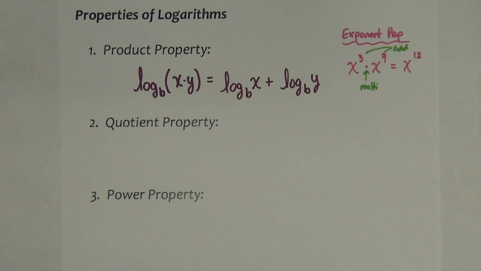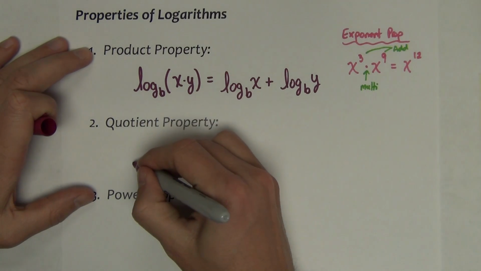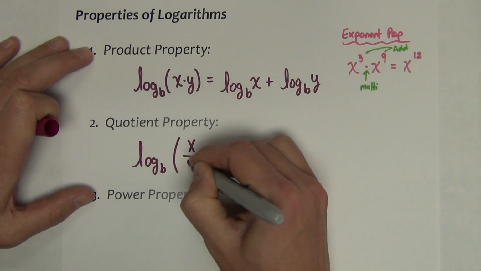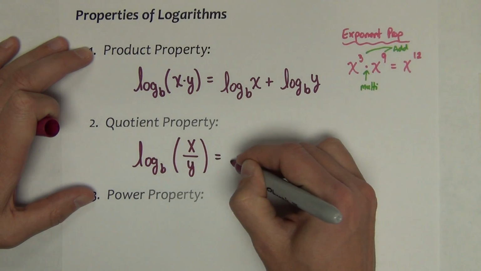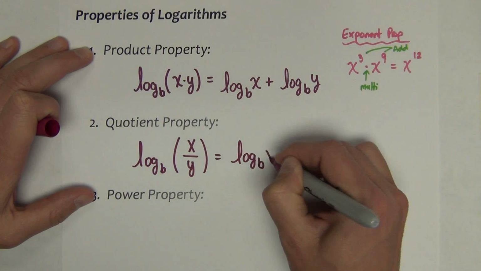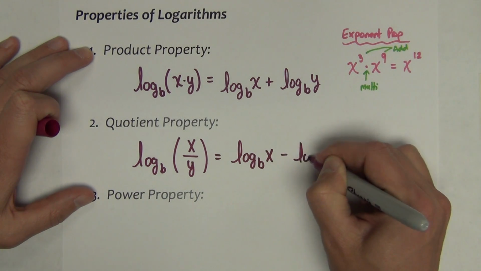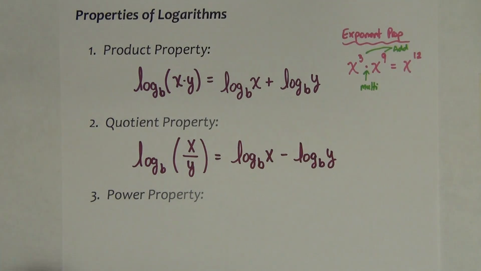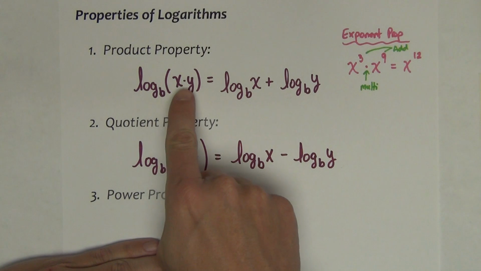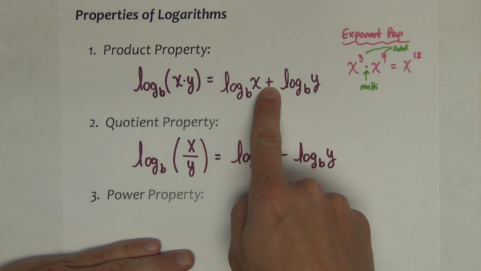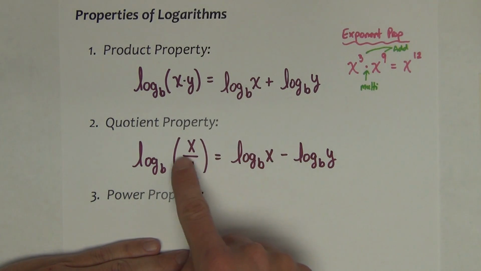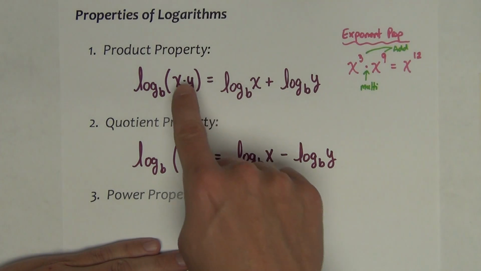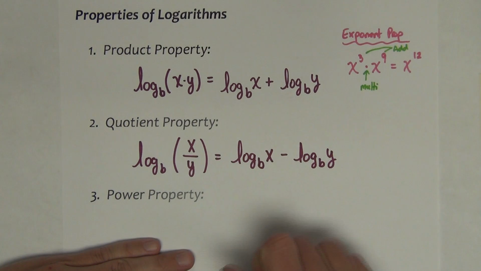Okay, the next one, the quotient property, says that log base b of x divided by y is equal to log base b of x minus log base b of y. So it's basically the opposite of the first one. In the first one, when you multiply, it's represented by addition. Then this is just the opposite: when you divide, it's split apart as subtraction. So multiply and add go together; divide and subtract go together.